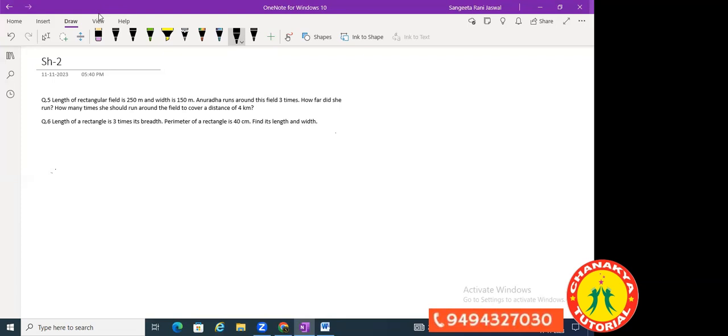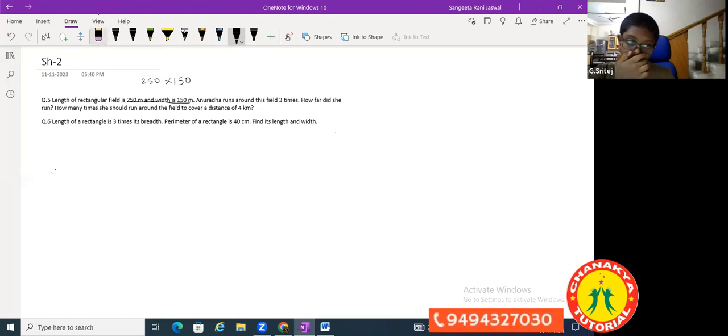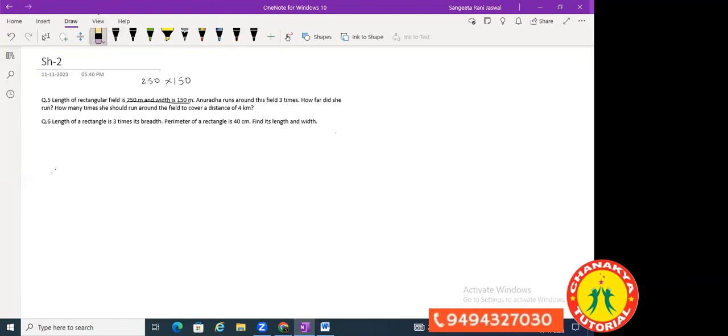If I have to write this thing in that form, I can write it like this, 250 into 150. This is just the general way of writing. Otherwise there is no need. But since your class is small, maybe you have not got it. So this is just a general way, but it means the same.